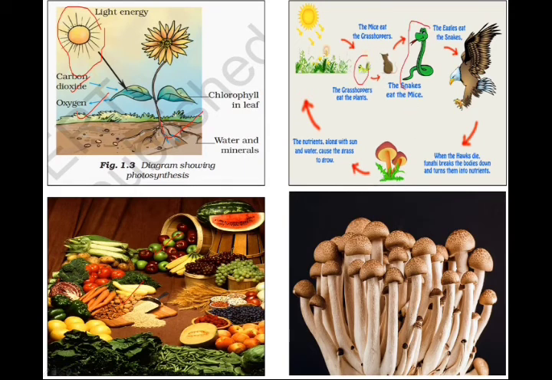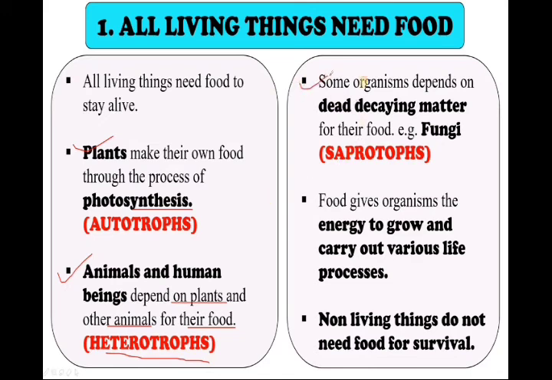there is a food chain in the environment. Grass is eaten by grasshopper, grasshopper is eaten by rat, rat is eaten by snake, snake is eaten by the vulture, and finally the vulture undergoes degradation. From the dead decaying matter, the saprophytes, meaning the fungi, originate.